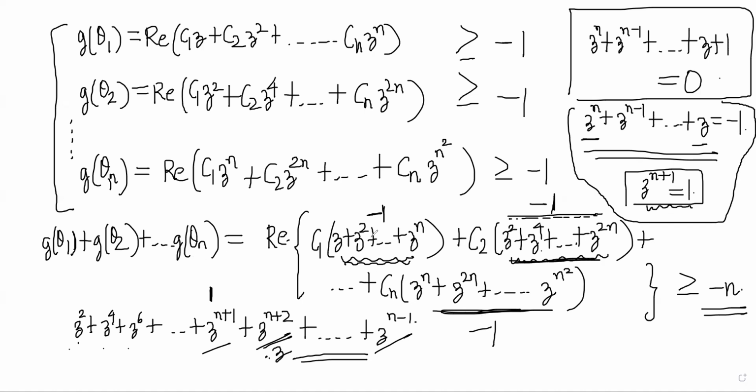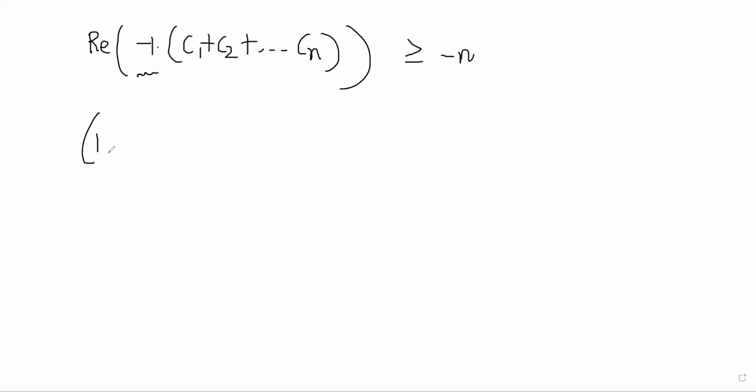And therefore, what we can get is minus 1 common. You get the real part of minus 1 times c1 plus c2 plus cn is greater than or equal to minus n, because this minus 1 was what? It was z power 1 plus z square till z power n.